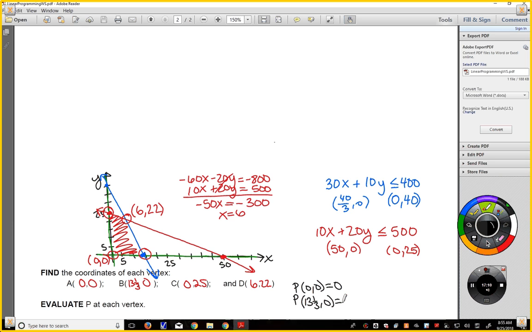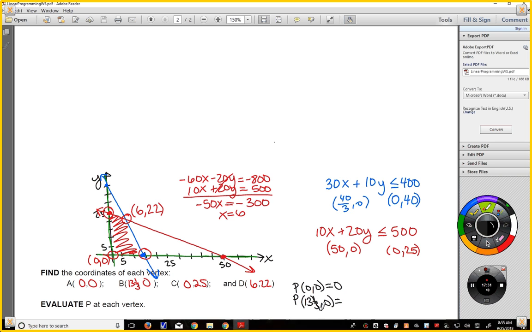Is 13 1/3 something you can actually order in the context of this problem? You call someone and be like, I'll take 13 1/3 of your cases. Not if they sell them by cases. So how are you going to actually go ahead and calculate the profit? You're going to have to round this to 13 and plug it in, because 13 1/3 is not actually something that's feasible in this situation.